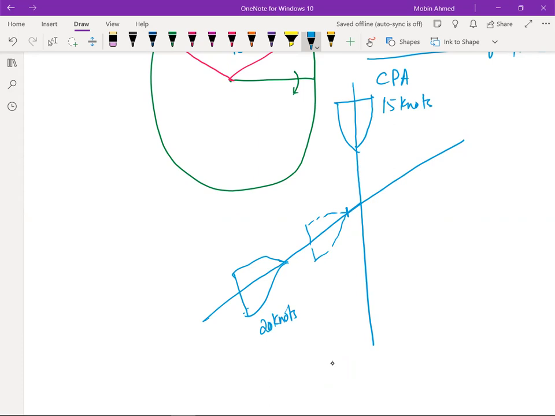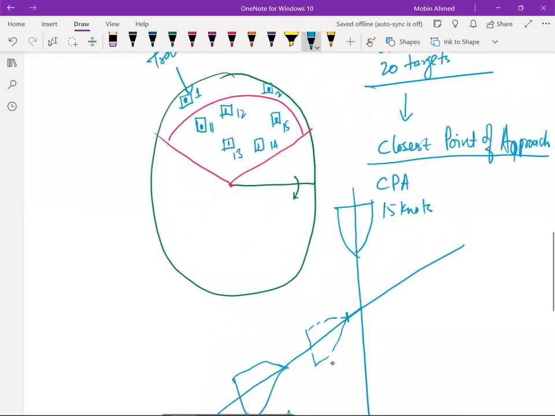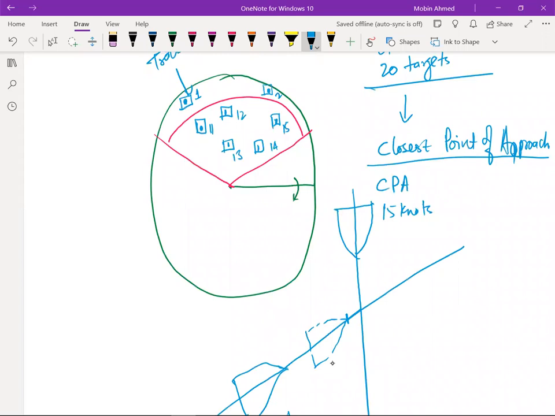Closest means the closest point. What is the minimum distance between these two ships? That is known as the closest point of approach. So the CPA it is going to give, and second it is going to give the time of CPA. Time of CPA means after 10 minutes, after 15 minutes, after 5 minutes, they are going to close.